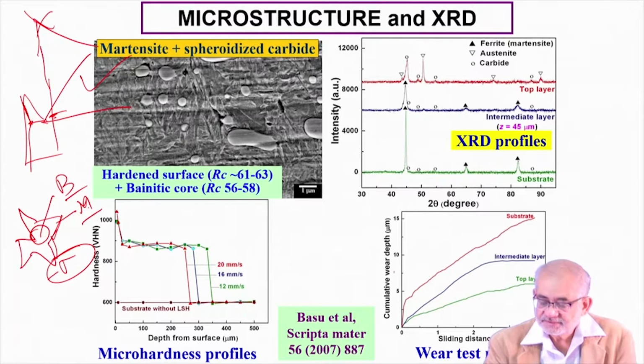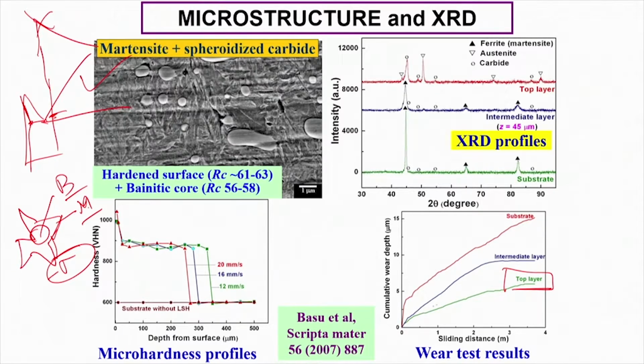So this is a similar result, where we want the top layer to undergo the least amount of wear. So this is the wear depth, and this is possible because of this predominantly martensitic microstructure. So you have a bainitic core and hardened martensite on the surface.